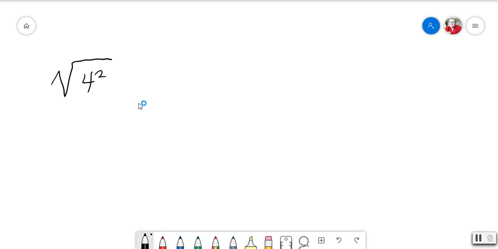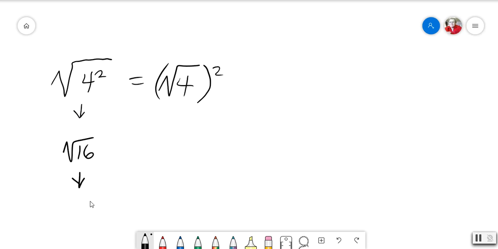When you have an exponent underneath a radical, that can be rewritten as the radical to that power outside. These two expressions are the same. So 4 squared is 16, and the square root of 16, of course, is 4. But if you did it this way, you would have the square root of 4 is 2, and then 2 squared, which is also 4.